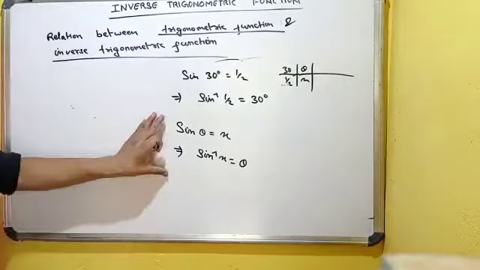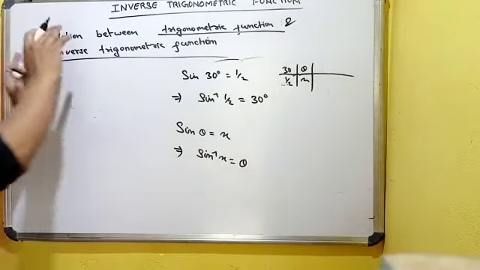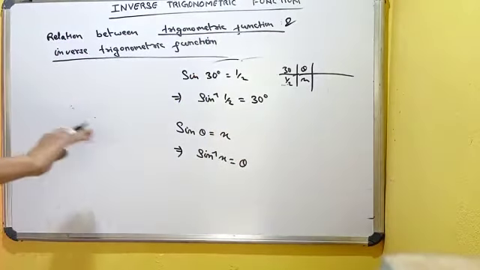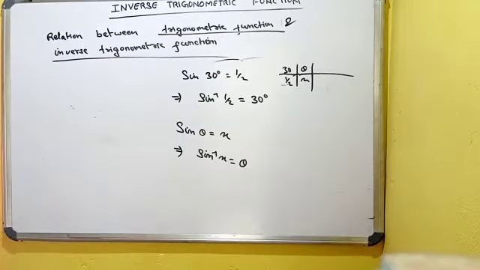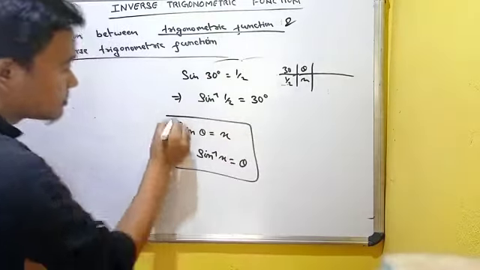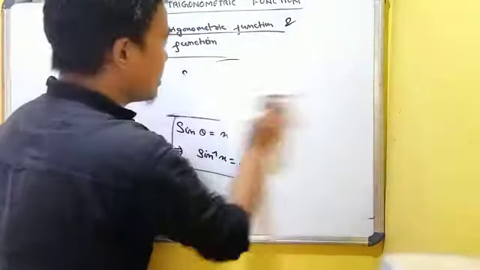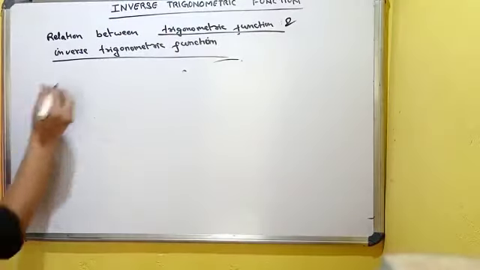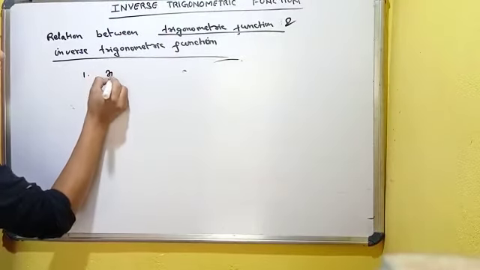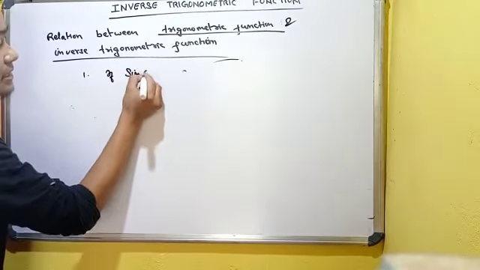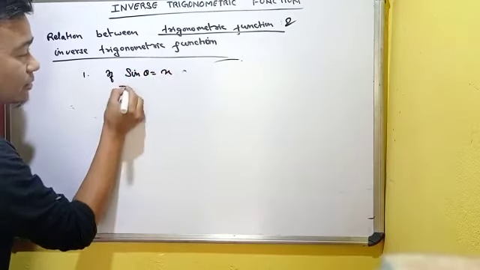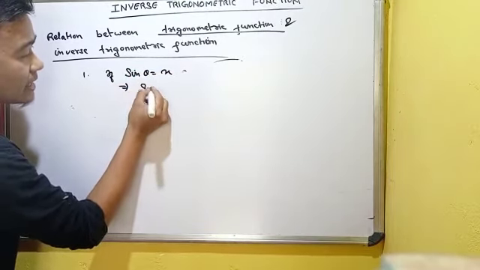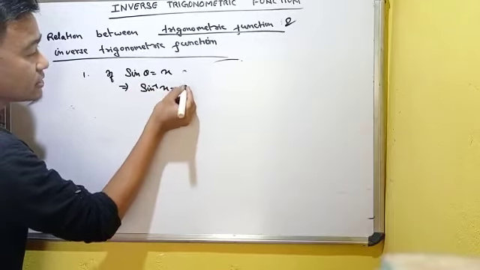So this is the relation between trigonometrical function and inverse trigonometrical function. So this is our first formula. Formula number 1, if sine theta is equal to x, then sine inverse of x is equal to theta.